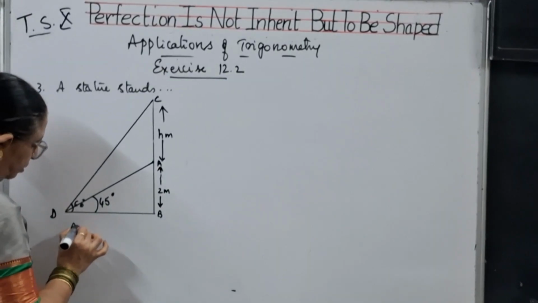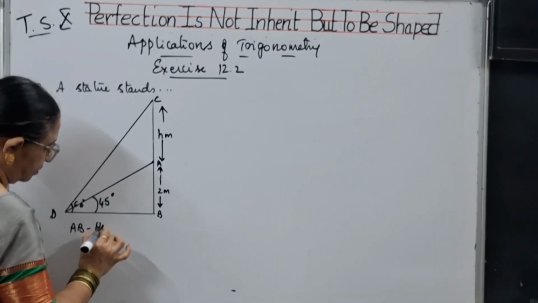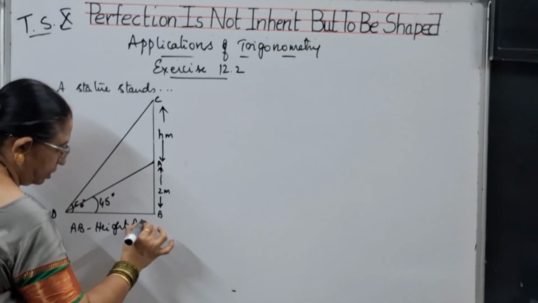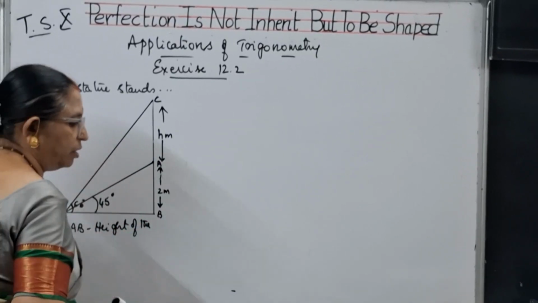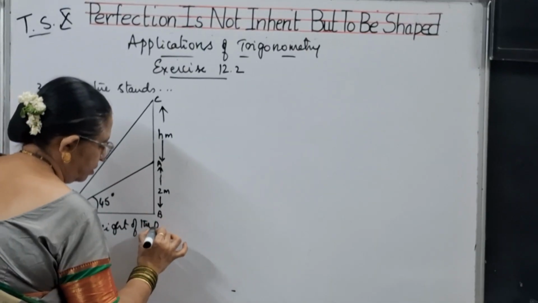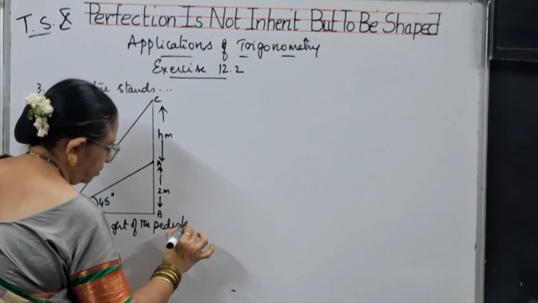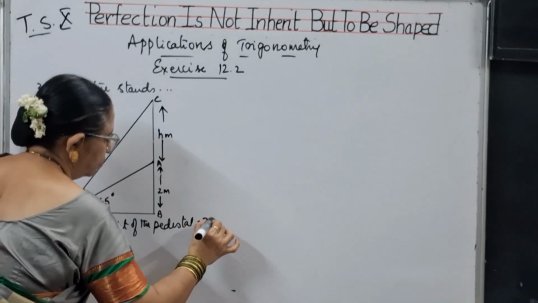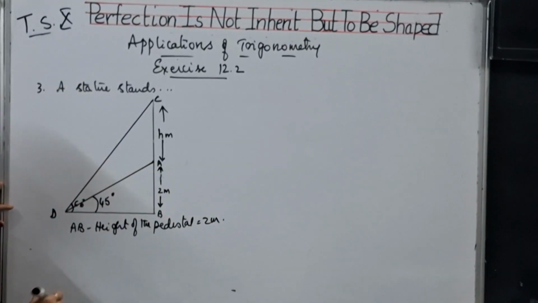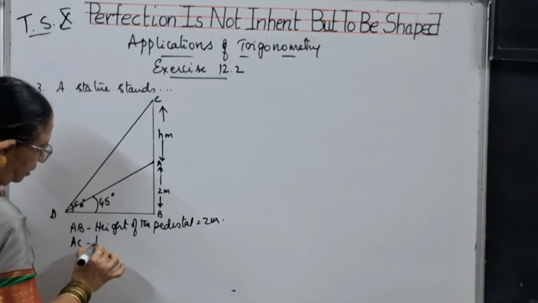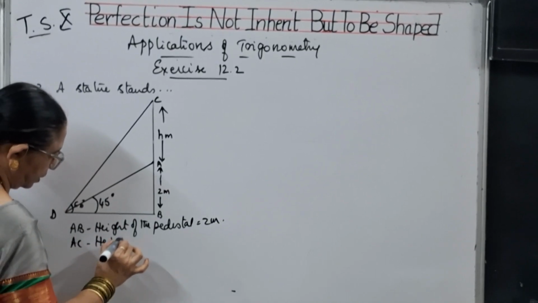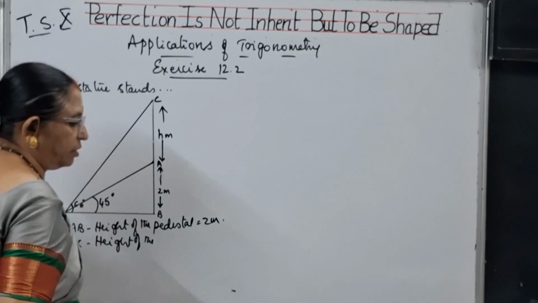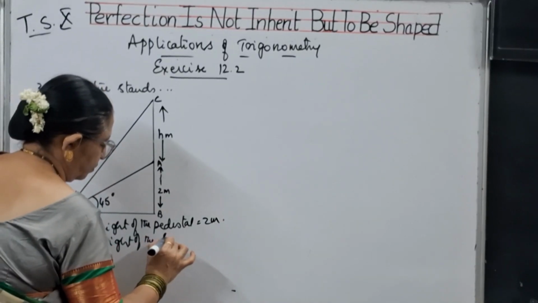So, what is AB? AB is the height of the pedestal, which is nothing but 2 meters, and AC is the height of the statue.